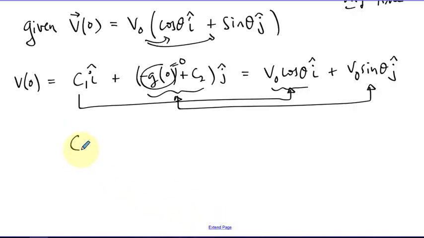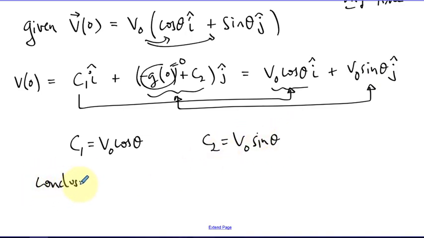So we're getting that the constant c1 had to be v naught cos theta, and c2 has to be v naught sine theta. So a conclusion that we can draw from this is an expression for the velocity at any time has to be v naught cos theta.